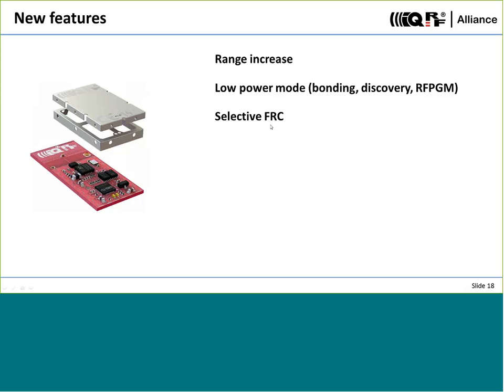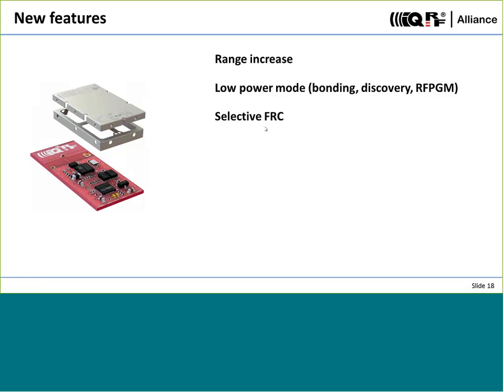So this was the original FRC, and since we observed that this is really very popular and very effective for your project, we brought new features for the FRC. One of them is the Selective FRC. So far, you sent an FRC and it was collected from the first 60 nodes, from node number 1 to node number 60.